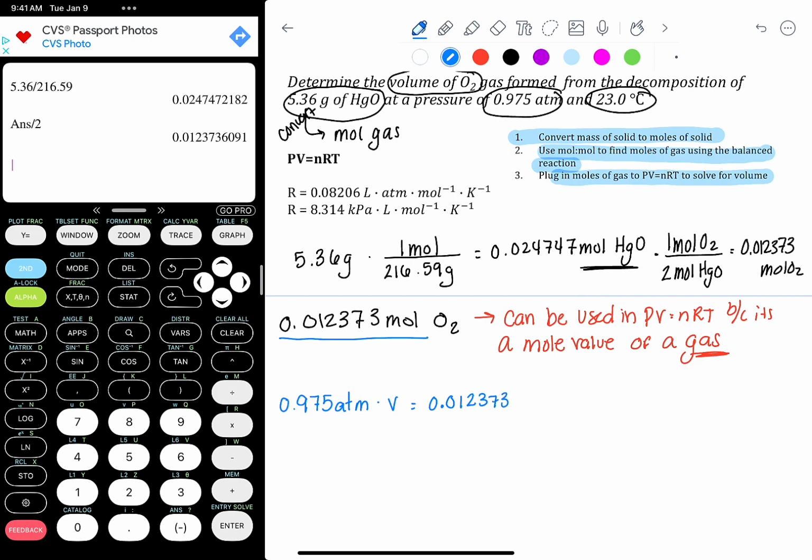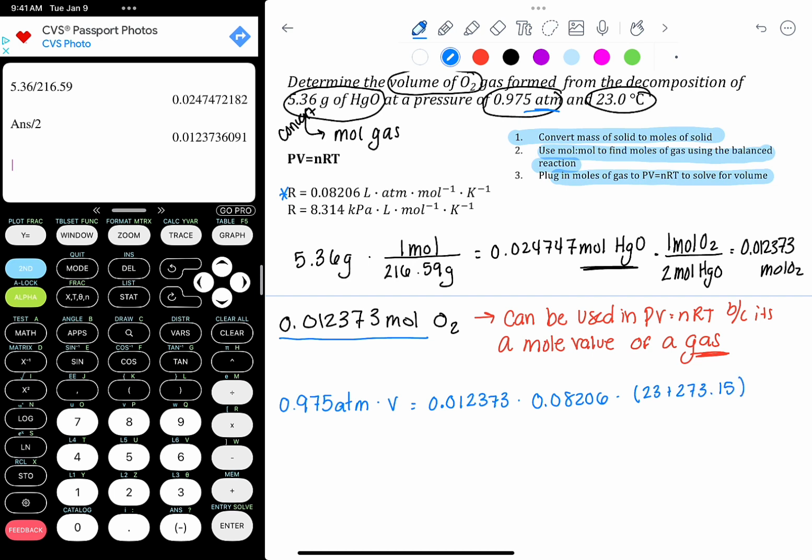It's 0.012373 times R. Let's see, my pressure is in atm, so I'm going to want to use R in atm, which is 0.08206, times the temperature, which would be 23 plus 273.15 to convert it.